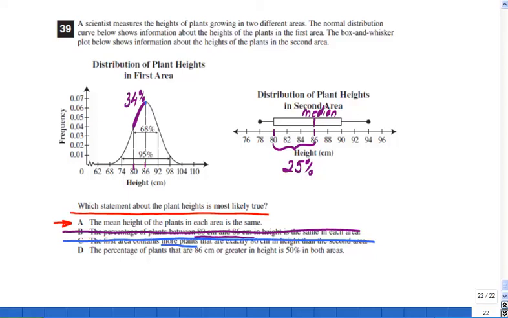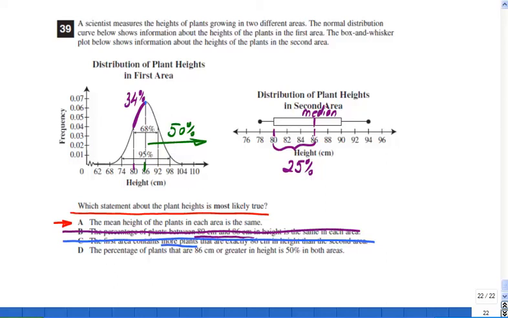Well, let's start with the first one. 86 is the median for the normal distribution curve for the first area, right? Well, everything on the other side will represent what percentage? Well, half of the total, which is 50%.